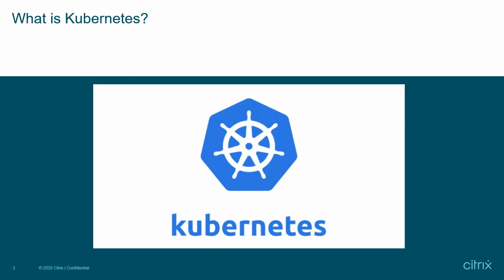So now that we have an understanding of what a container is, what is Kubernetes? Kubernetes is an open source container orchestration platform that attempts to automate many of the manual processes involving deploying, managing, and scaling these containerized applications.